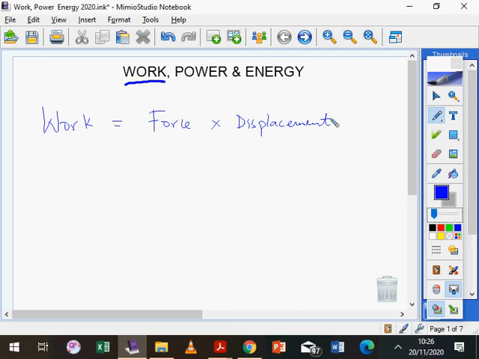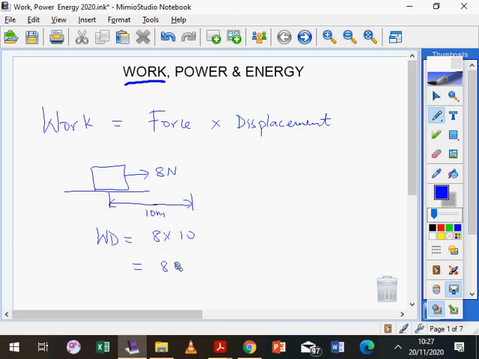If Georgie pushes this block with a force of 8 newtons, through a displacement of, say, 10 meters, then the work done by Georgie is simply going to be that force times the displacement. This will be 80.